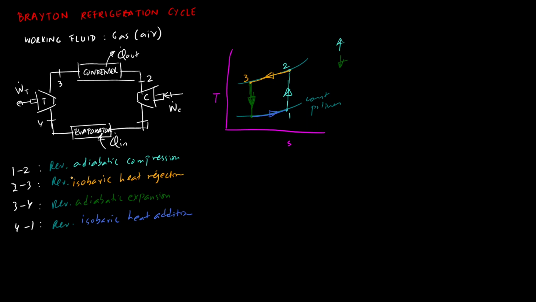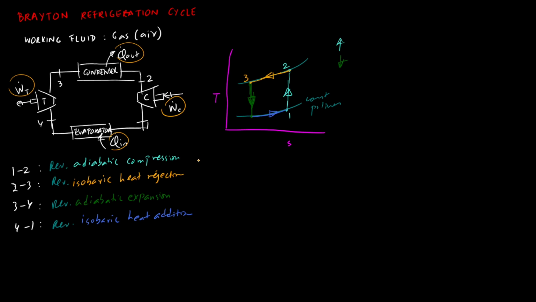Okay, so for all of these processes we could go ahead and write down the equations as well, and the equations are going to be for the work done, for the heat rejected, for the work generated by the turbine, and the heat that is added into the evaporator. All of these are going to be in terms of m dot into delta H, which is enthalpy.